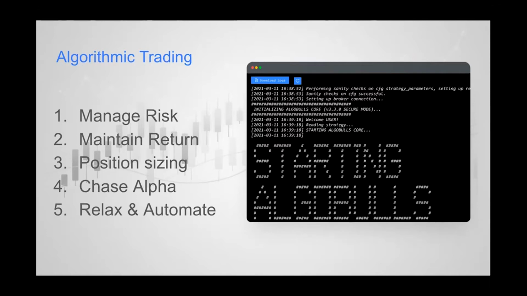There is no magic behind it; it's pure mathematical calculation for each and every indicator. The magic lies in managing the risk, maintaining return, and managing your position sizes. That's the time when you can chase the alpha, and that's the time when you can actually run the systems in your favor and be a profitable trader.